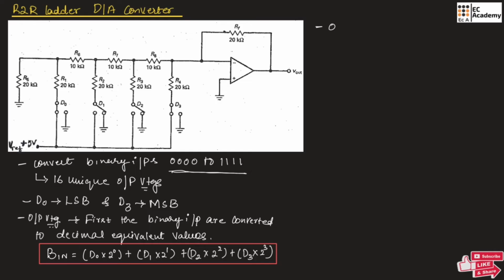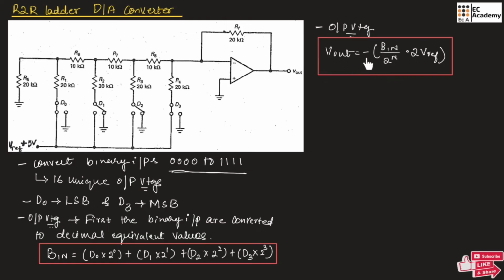Then we can find the output voltage using the formula V out is equal to minus B in divided by 2 to the power of N, multiplied with 2 times the reference voltage. Here capital N represents the number of inputs. Since we are taking 4 inputs, we take capital N as 4.